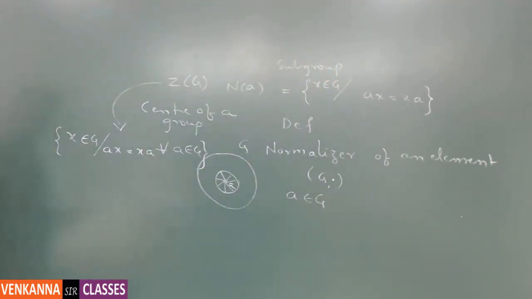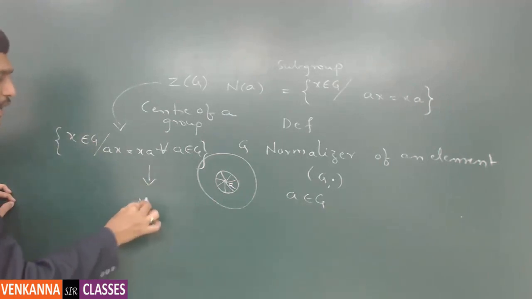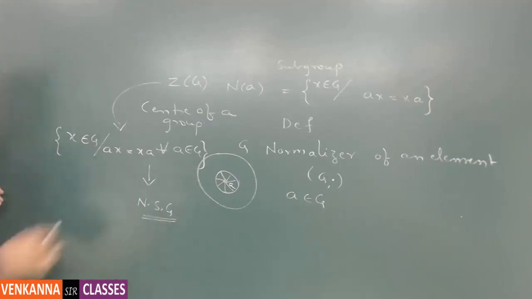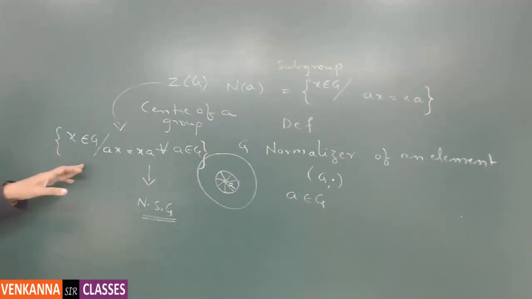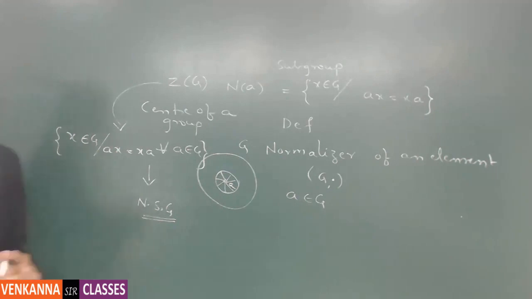So this is called the center of the group. And one interesting property is the center is always a normal subgroup. How the center becomes a normal subgroup, we will discuss in the proof. You take a note of this definition.